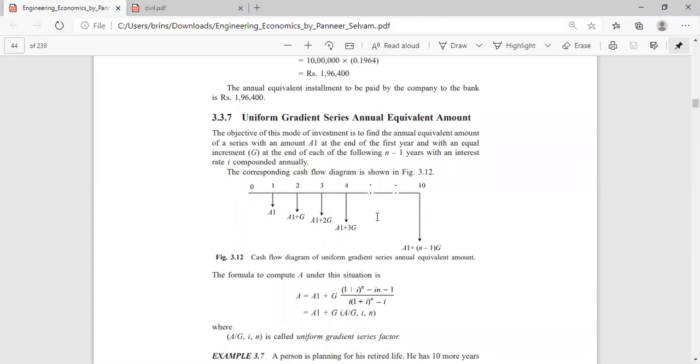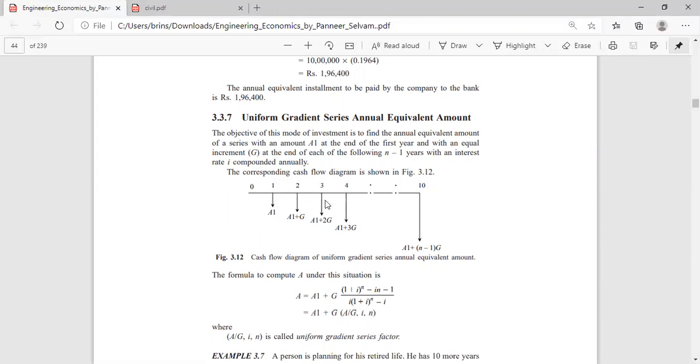Here, if you see the cash flow diagram, in the first year the person deposits a certain amount, which is called A1. In the second year, he adds an extra amount G, which is more than the previous one.